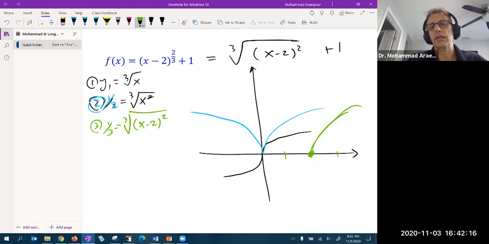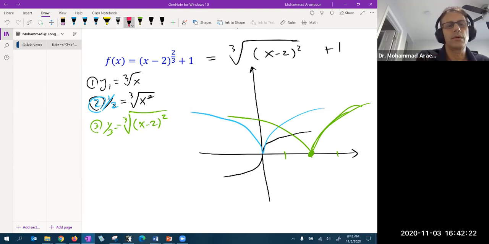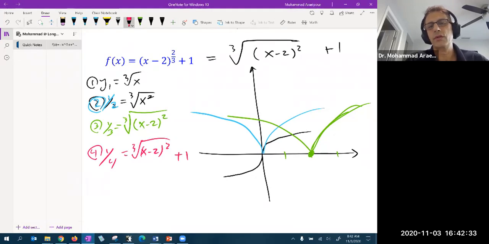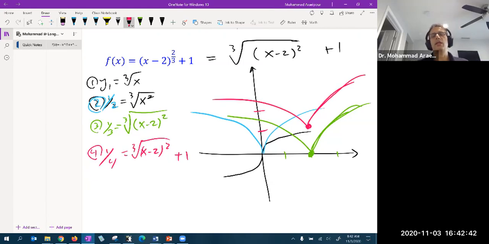This is not to scale, class. And finally, cube root of x minus 2 squared plus 1, it shifts up by 1 unit. So with the transformation, and if need be a couple of points, you really know how the graph looks like, okay? So I wouldn't worry about that.